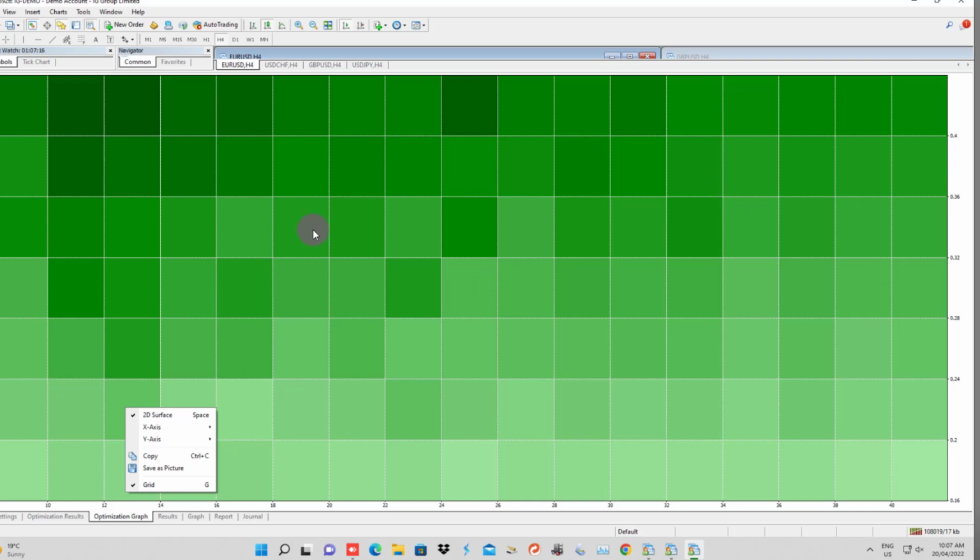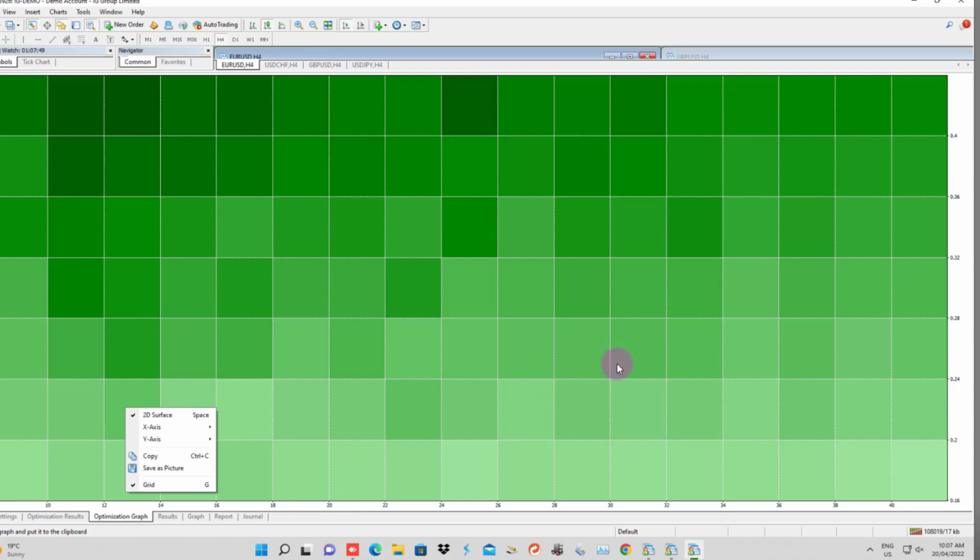Now, how this heat map works is that the most successful settings are the darkest results, and the least successful ones are the lightest results. So when looking at this heat map, you can immediately say that these settings up here, those ones down there, are by far the most successful ones, and these settings over here up to that point, let's say, are the most successful ones. So that's how heat maps work.